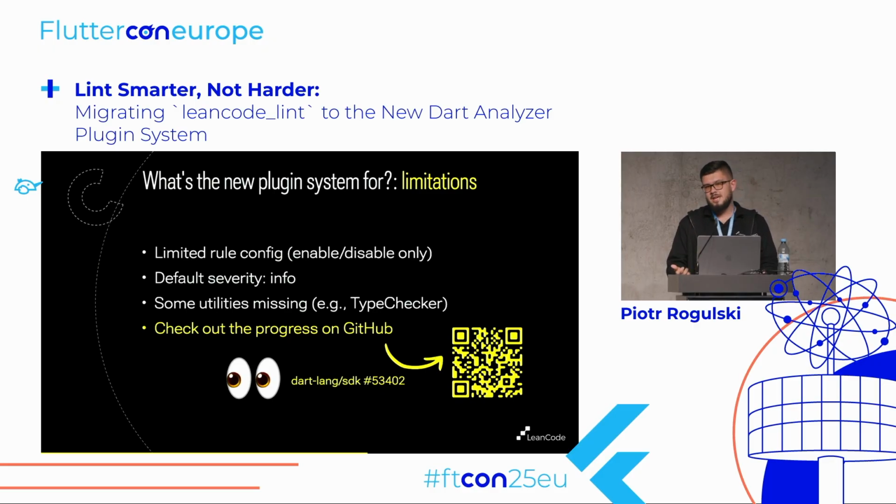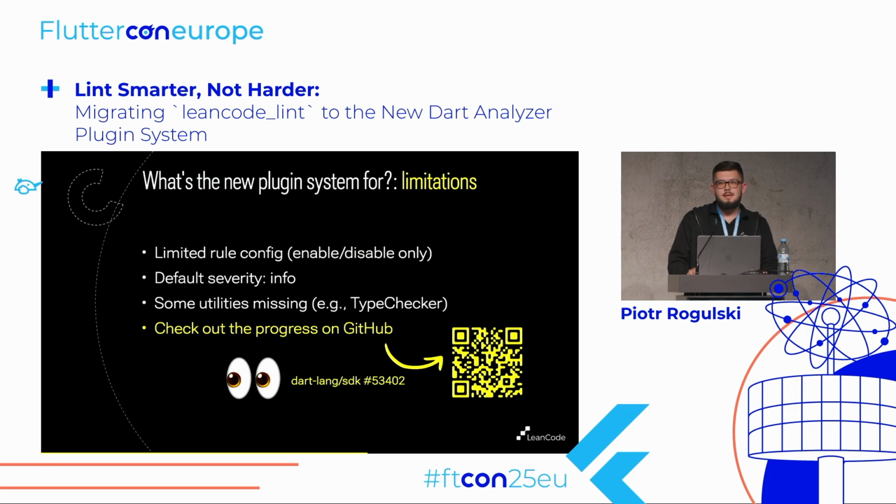Some of the limitations that, in my eyes, are still outstanding and yet to be improved upon is that the configuration of the lints is limited. If you want to, as a developer of the lint, tell that this lint should be very important and should have a warning severity by default, that's not available yet. They are all info warnings, but that's, I would say, a minor issue that can be fixed in the future.